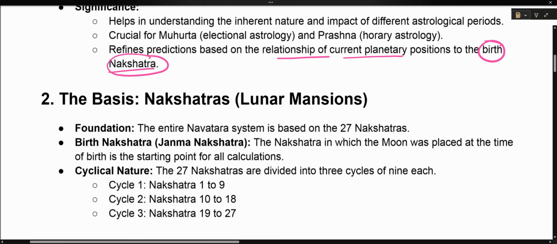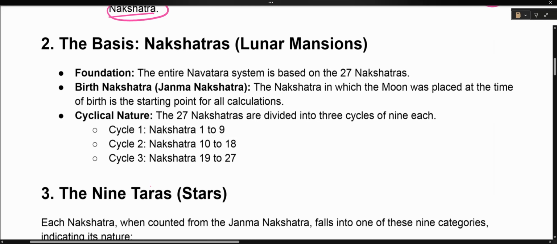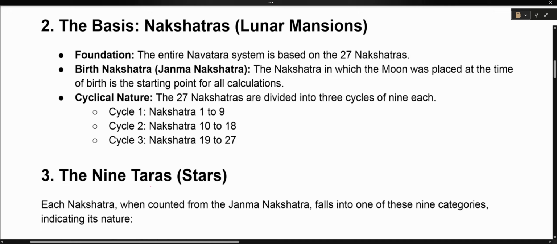This is very important in this method. We have to learn that first. So, what is the basis of nakshatra? Nakshatra means the lunar mansions. The entire Navatara system is based on 27 nakshatras. I will mention the names as well. The birth star, the birth nakshatra and the Janma Nakshatra are similar terms, and they represent the same thing.